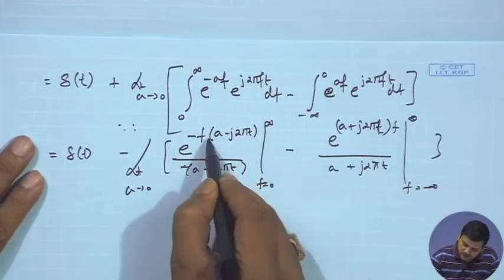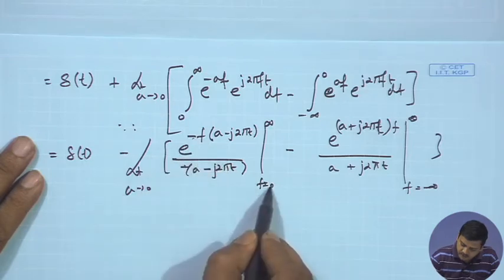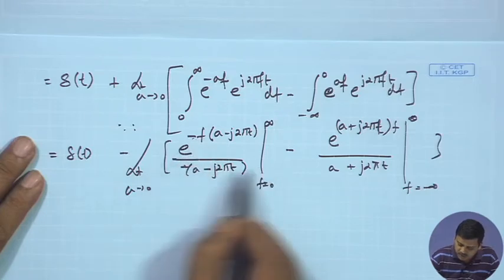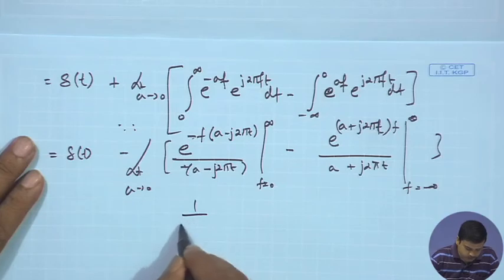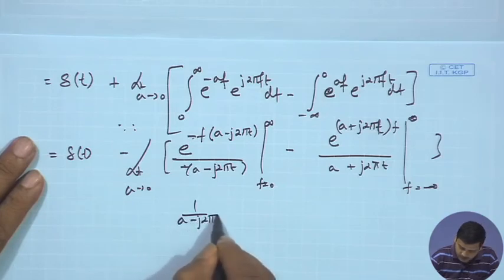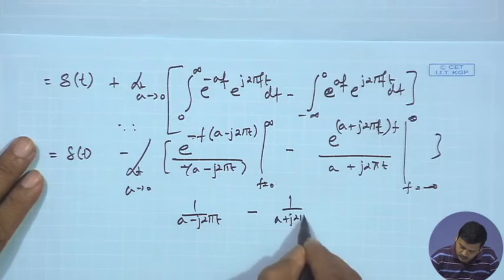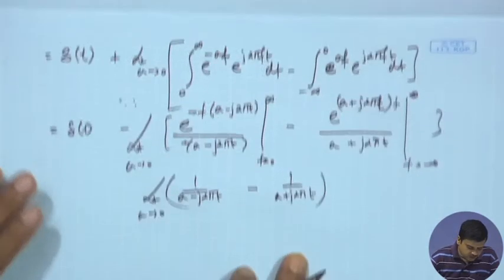If you put infinity here, it turns out to be e to the power of minus infinity, which is 0, and if you put 0, this is e to the power of 0, which is 1. On the negative, this sign and this sign cancel out. So, you are going to get 1 upon a minus j 2 pi t, and here you are going to get 1 upon a plus j 2 pi t, and of course, limit a tends to 0.